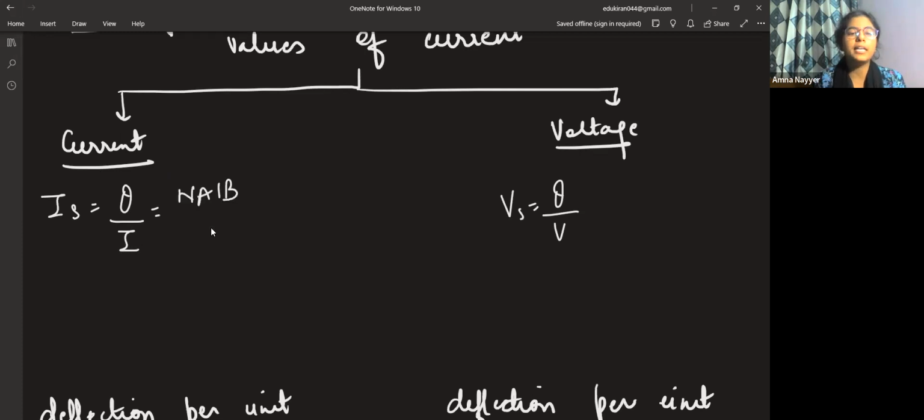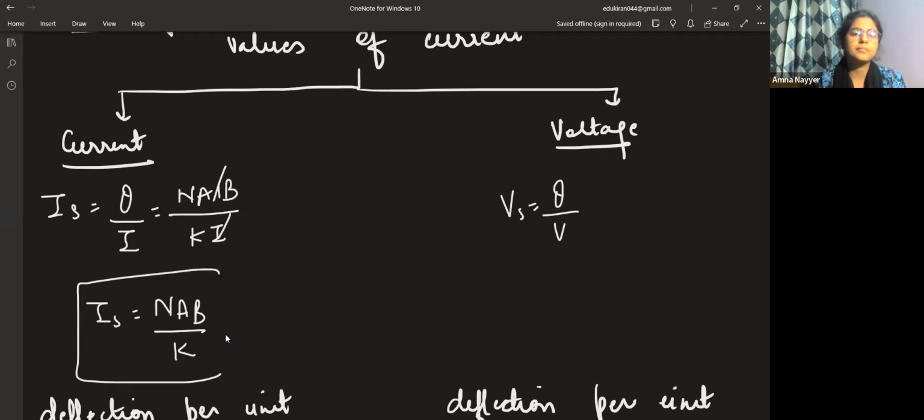Now what we have derived for theta is NAIB by K. So theta by I, current will be cancelled. This is NAB by K. This is the form. Come to voltage sensitivity. This is theta. Voltage is according to Ohm's law IR, right?